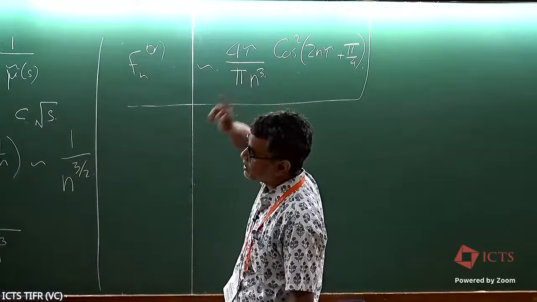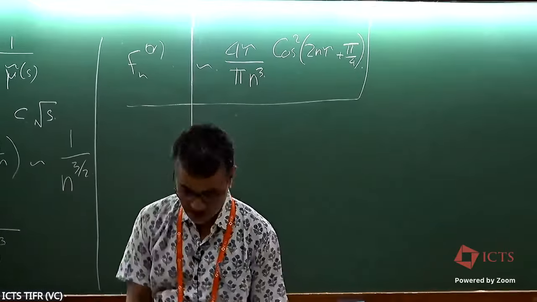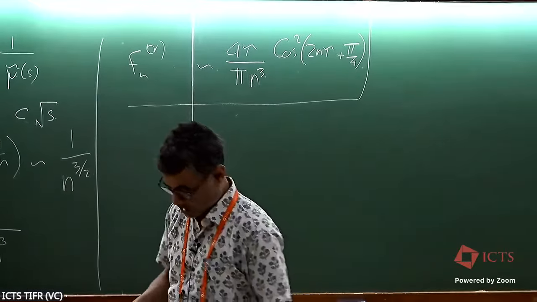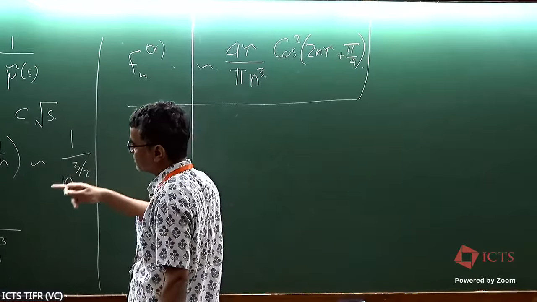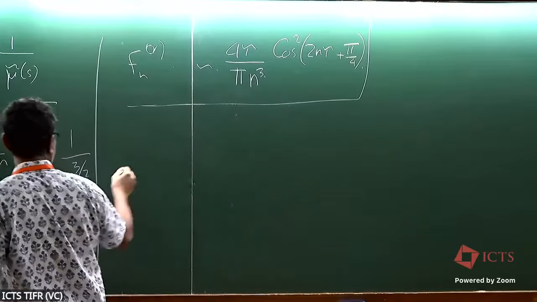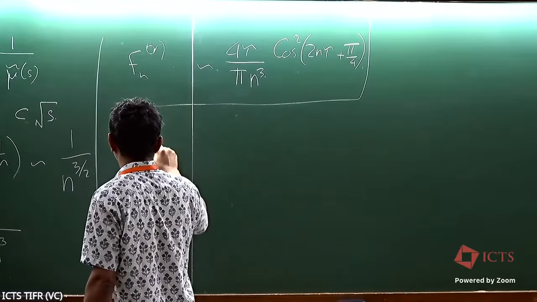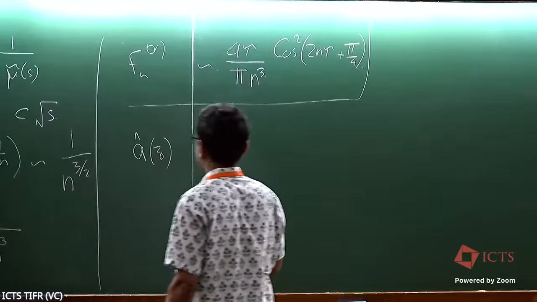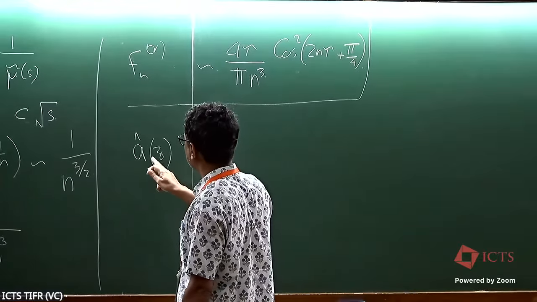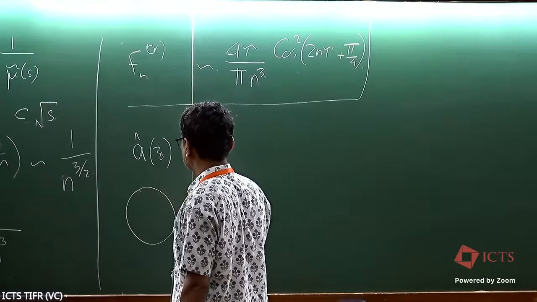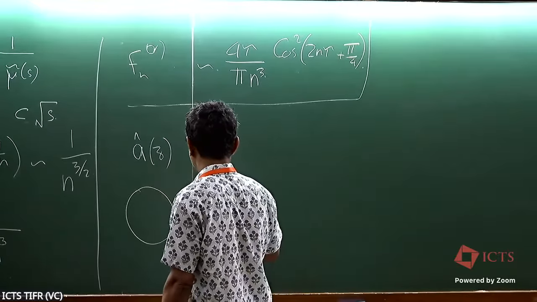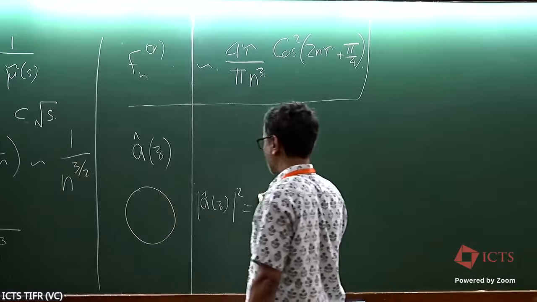One other thing I thought I will quickly discuss is something I mentioned yesterday about the analytic structure of this function a of z. I had said that on the unit circle, this function a hat z mod square is 1, right?